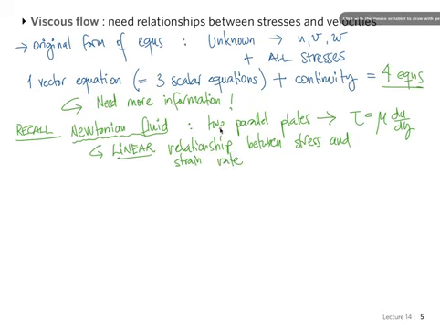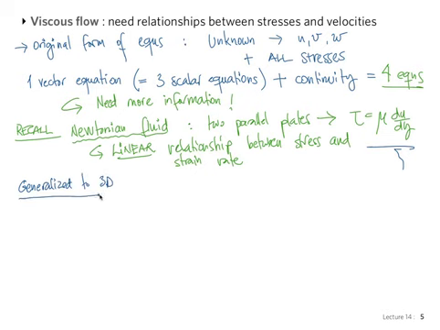So now we'll generalize this to the 3D case. I'm not going to prove it, but I'm hoping that this makes sense to you from the 1D case that we've already discussed. So if we generalize this idea to 3D, what we have is this.